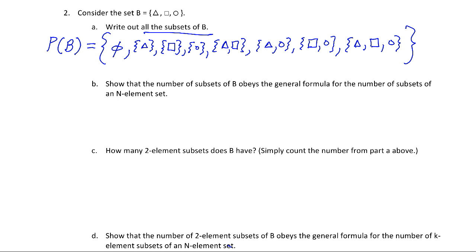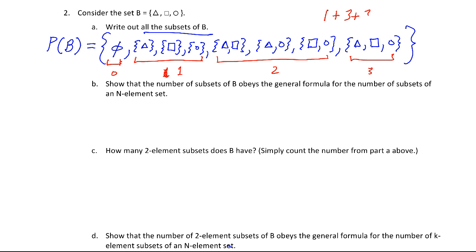And there's all the subsets of B. There is 1 of size 0, there are 3 of them of size 1, there are 3 of them of size 2, and 1 of size 3. And there are 1 plus 3 plus 3 plus 1 of them altogether, which comes out to 8.